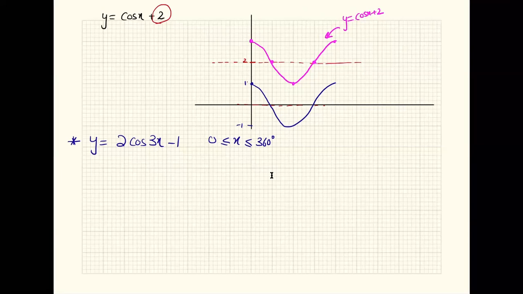So okay, you can see over here that the amplitude is 2. 3 means that there are going to be 3 cycles in 360 degrees, and -1 is the axis of rotation.